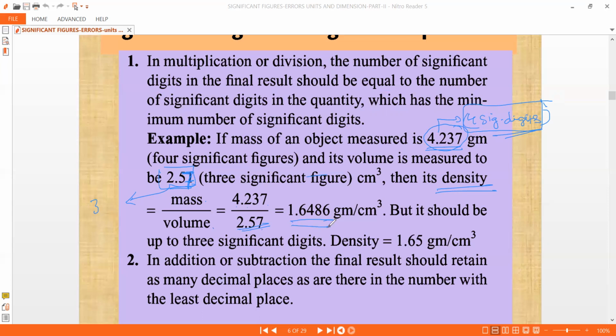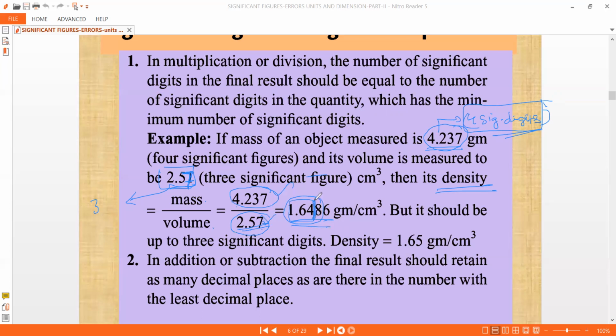Now let us analyze this. You are confident of four numbers here, and you're confident of three numbers only here. And now ultimately, when I divide this one with this one, my confidence level has dropped down to 3 significant figures.